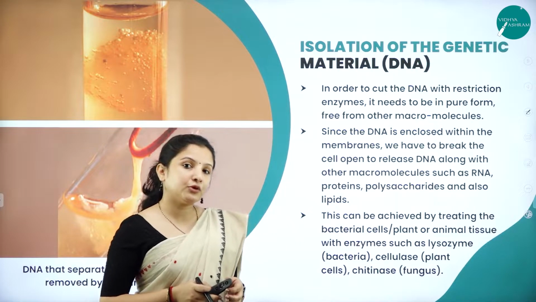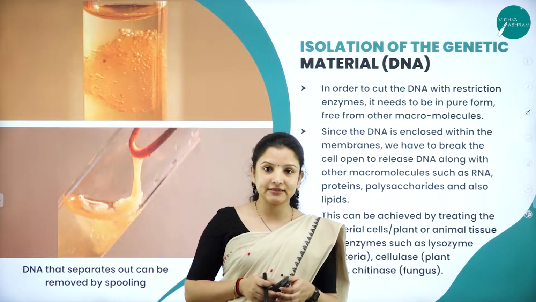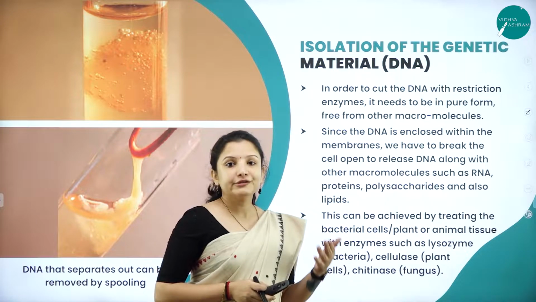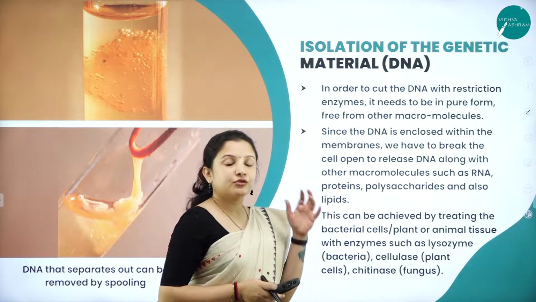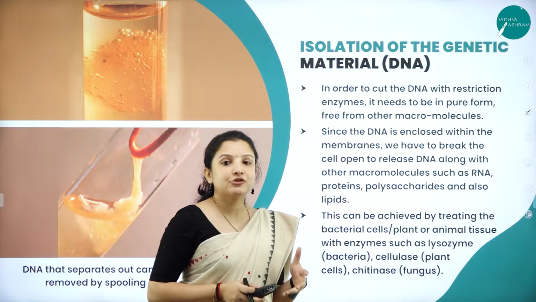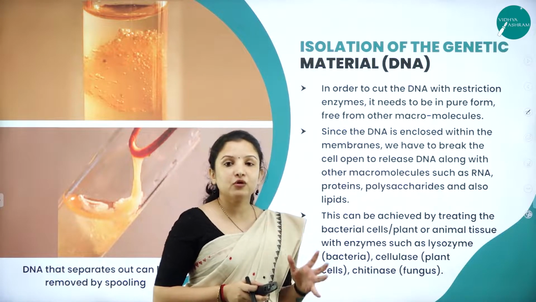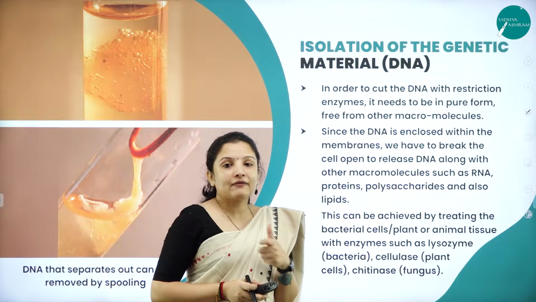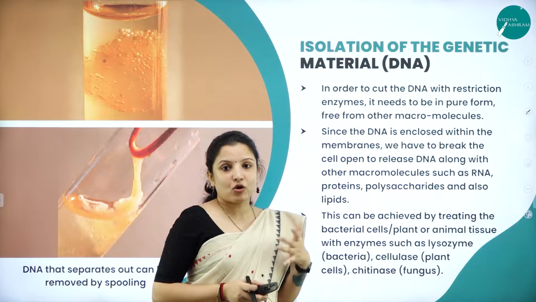Why does it have to be pure? Because in that DNA strand, there will be some other macromolecules also present. Those macromolecules need to be removed, and only the pure form of the DNA strand should be obtained. It should not have all the other cell components along with it.